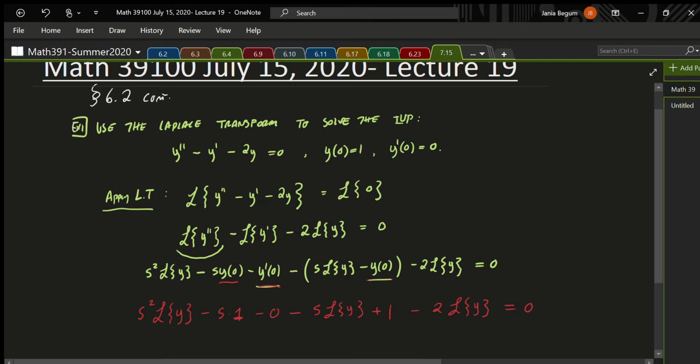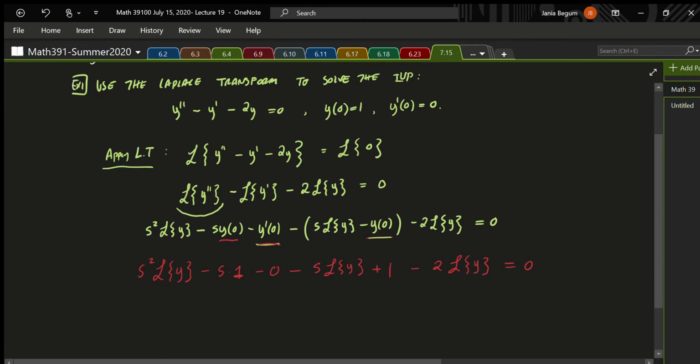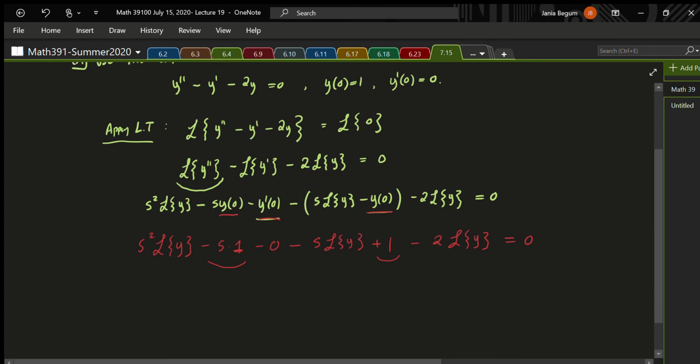Alright, so now that we have finished substituting our initial conditions, now we can go ahead and move things around and try to isolate the term that involves Laplace y. So if I do that, I'm going to move this one to the right side and then this one to the right side, and then everything else will involve Laplace of y.